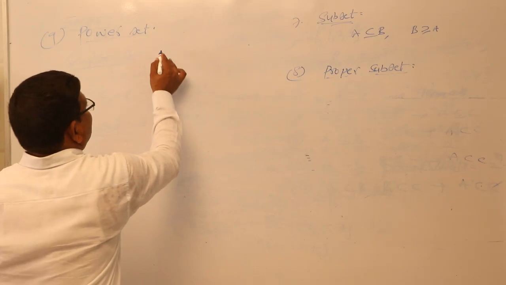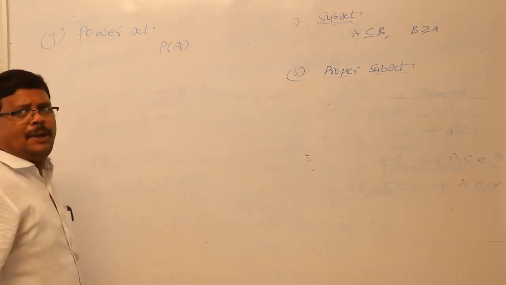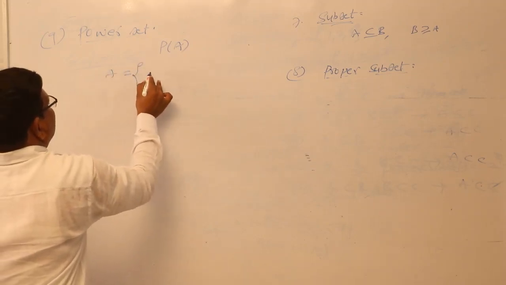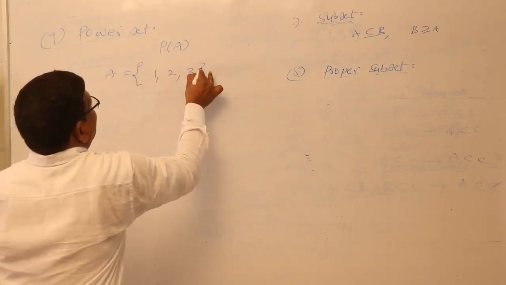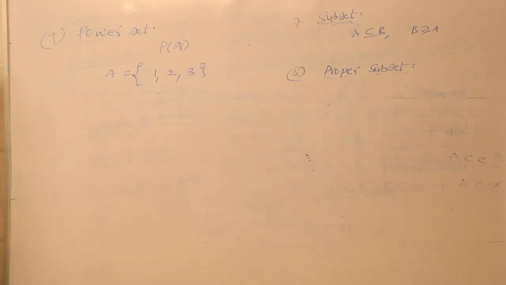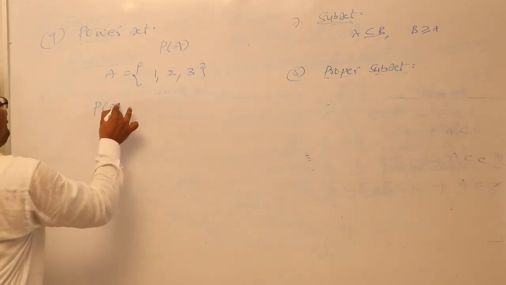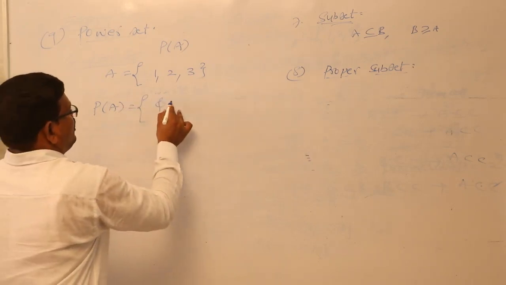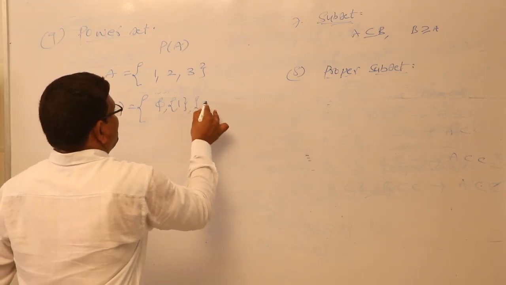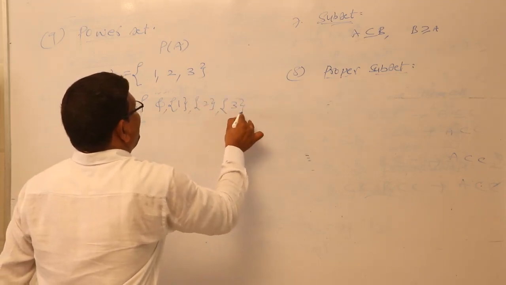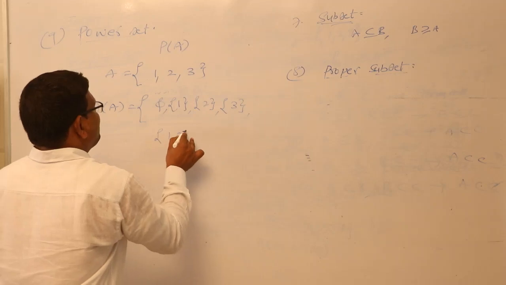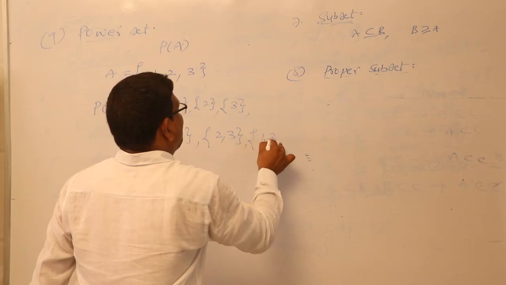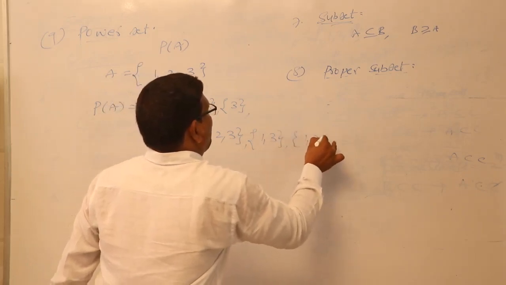It is denoted by P(A). Suppose A is a set with elements 1, 2, 3, then P(A) = {φ, {1}, {2}, {3}, {1, 2}, {2, 3}, {1, 3}, {1, 2, 3}}.